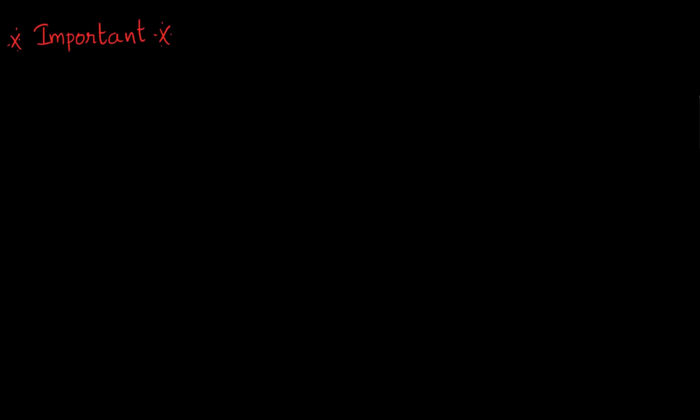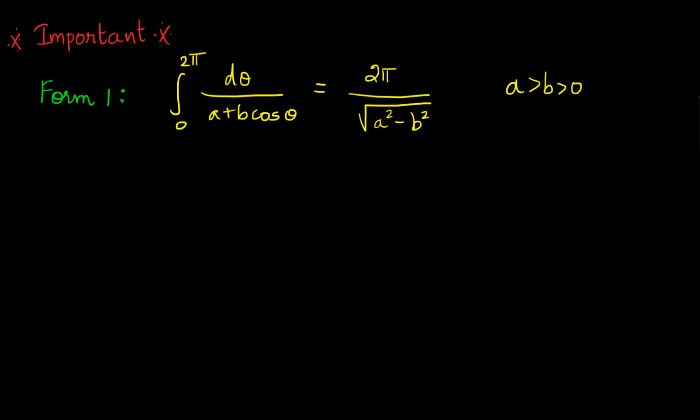Now, these are some of the important formulas with which you can directly get the answer for these kinds of questions. This is one form where the interval is from 0 to 2 pi, d theta by a plus b cos theta, which is equal to 2 pi by root over a square minus b square.